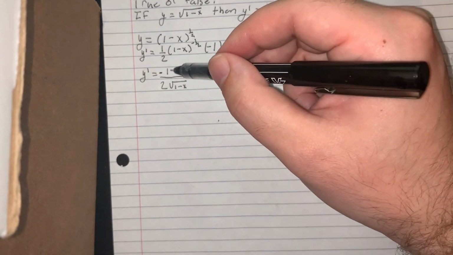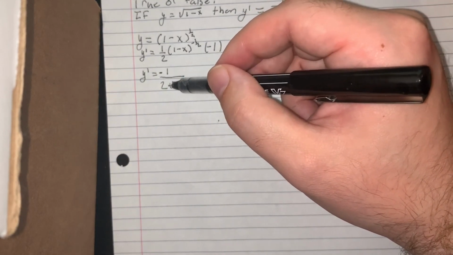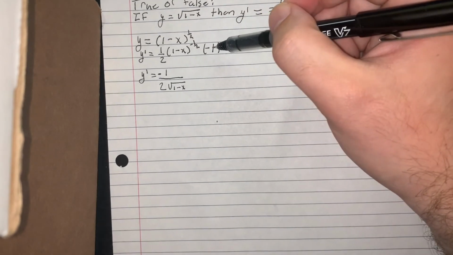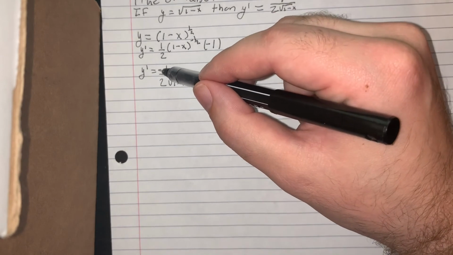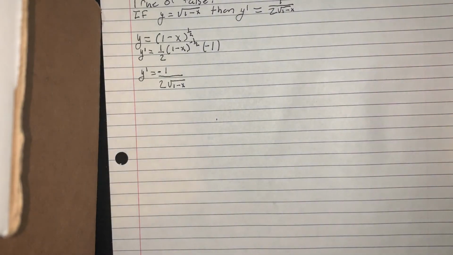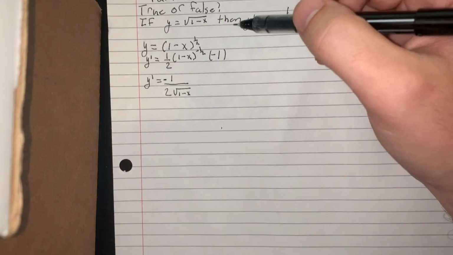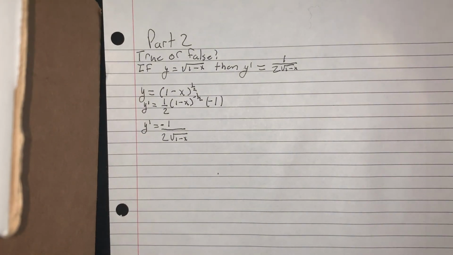So I got 1 over 2 times the square root of 1 minus x, but because we had that negative 1 from taking the derivative of the inside of that, I pulled out a negative there. So now we are left with y prime is equal to negative 1 over 2 times the square root of 1 minus x.